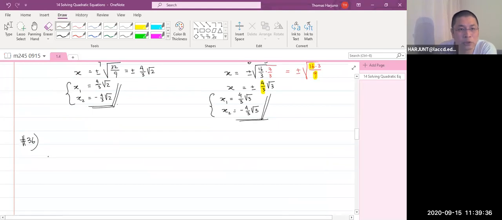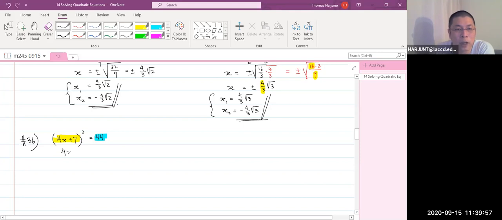They just choose random numbers there. 4x plus 7 squared equals 44. So you see, this is something squared, and this is a positive constant. So I can apply the square root property.